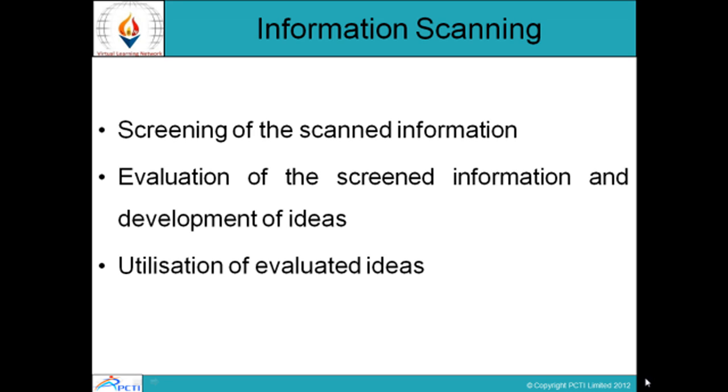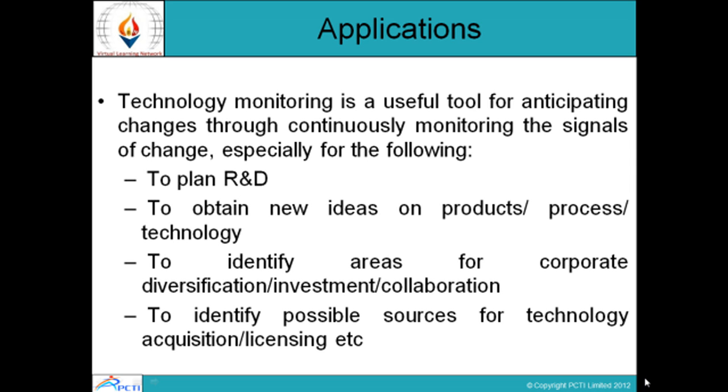That is utilization of the evaluated ideas. That means you have to come up with a good and appropriate idea. Now, the application of that particular technology is where technology monitoring is very useful. It can be applied in any plan of research and development. Another use is to obtain new ideas on product and process technology, or to identify areas of corporate diversification.